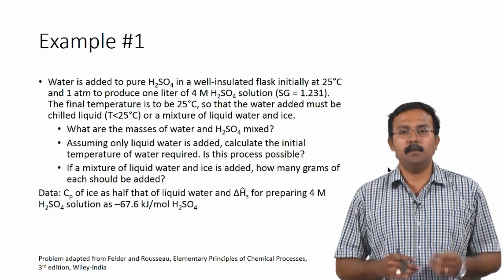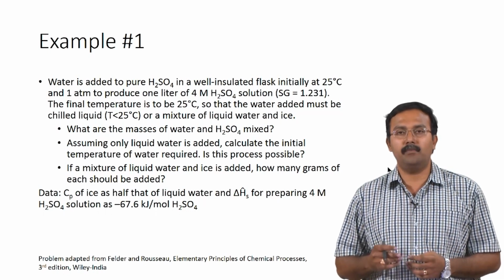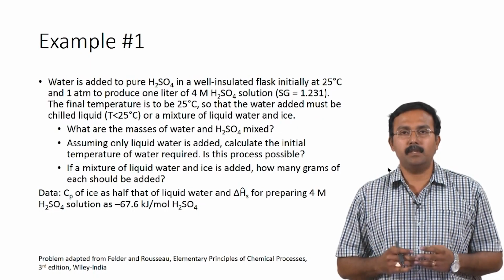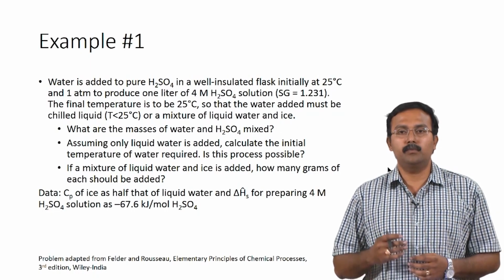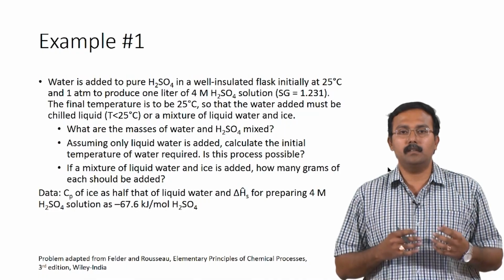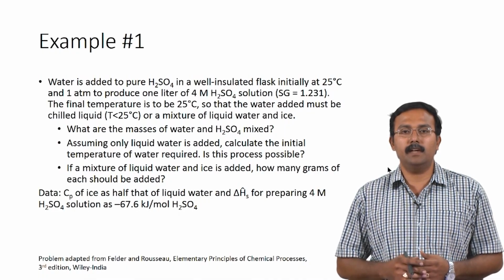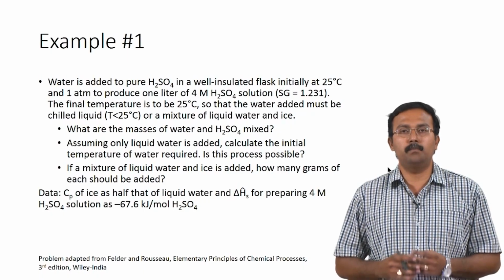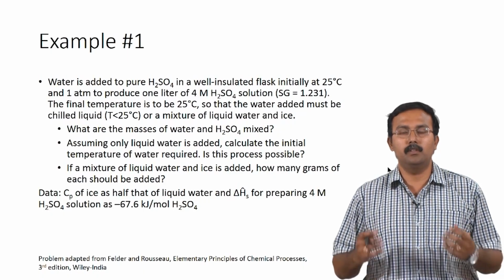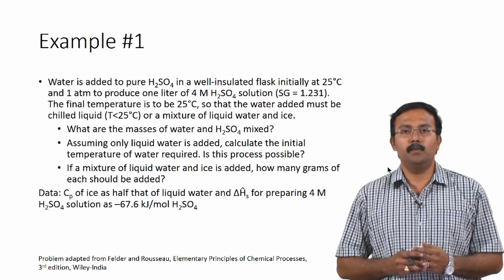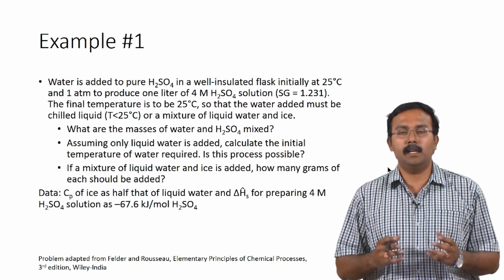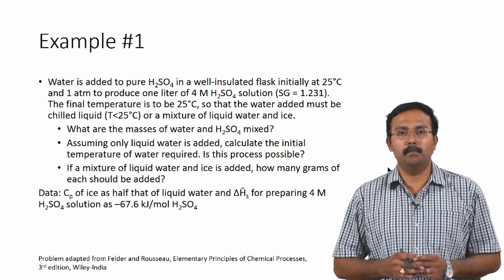You have been given that Cp of ice can be used as half of that of liquid water, and delta Hs cap, which is the heat of solution for preparing 4 molar sulfuric acid solution, is given as minus 67.6 kilojoules per mole of H2SO4 dissolved in the solution. So we have all this information. So let us see how we can go about solving this problem.